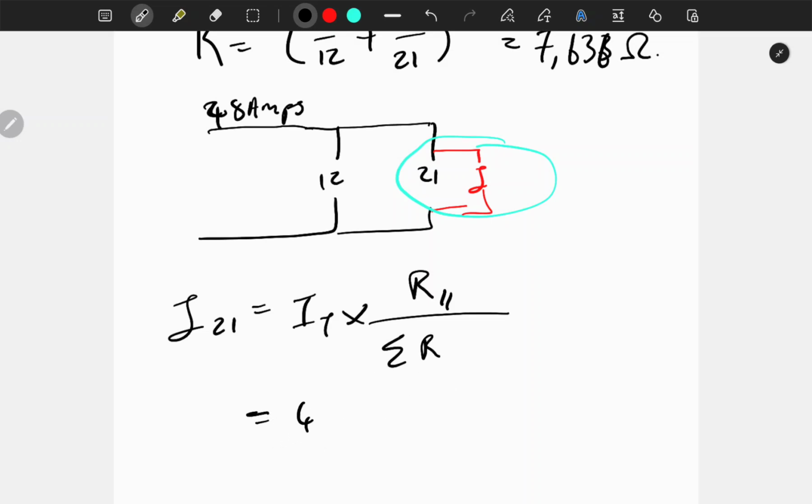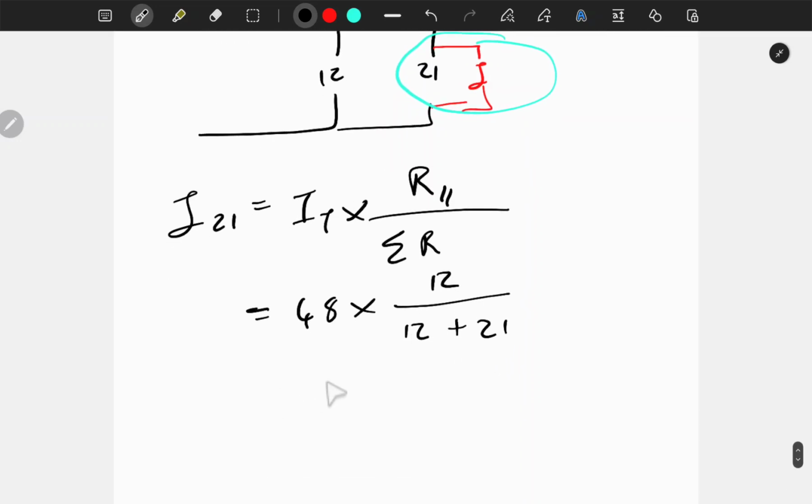So that's going to be 48 multiplied by parallel to 21 is 12 over 12 plus 21. So that gives us an answer of 17.454. Let me just double check that. 48 multiplied by 12 over 12 plus 21, 17.454 amps, right?